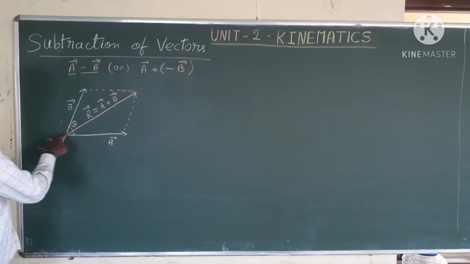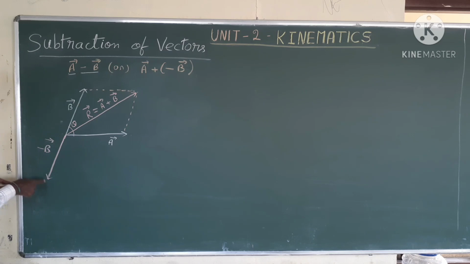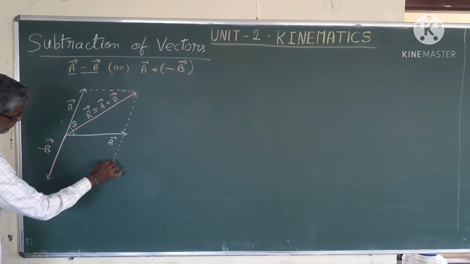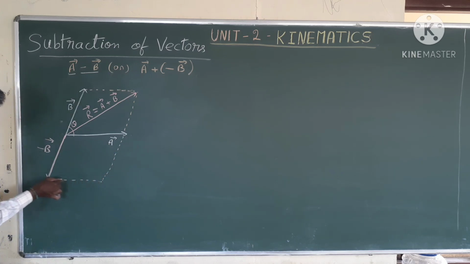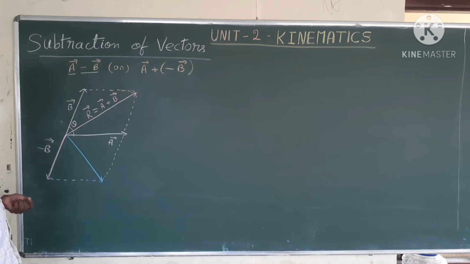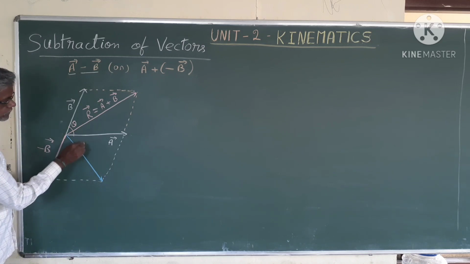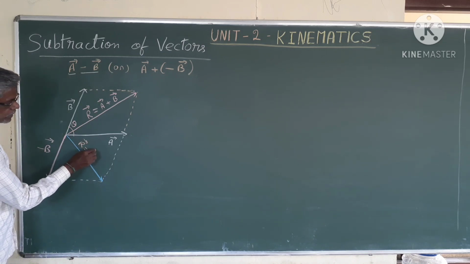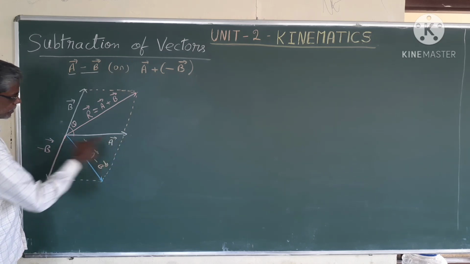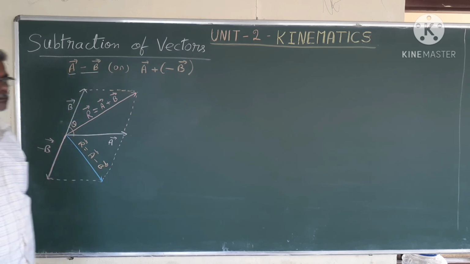Now with a vector and minus b vector, we construct a parallelogram. Where will be the resultant vector? The resultant vector will be along the diagonal of the parallelogram. So this resultant vector r vector is equal to a vector minus b vector.